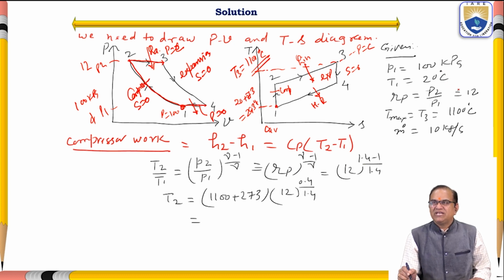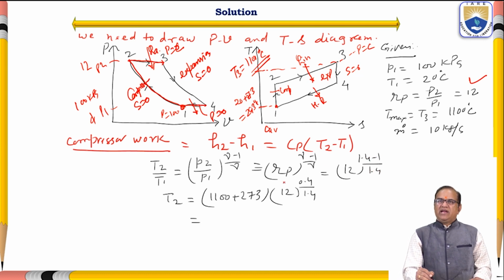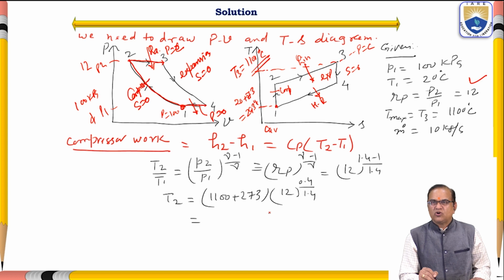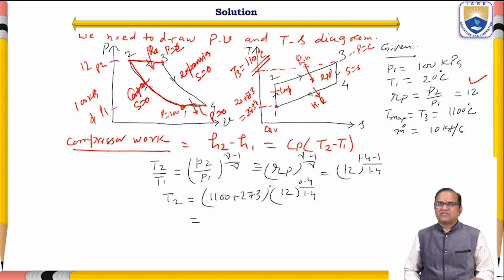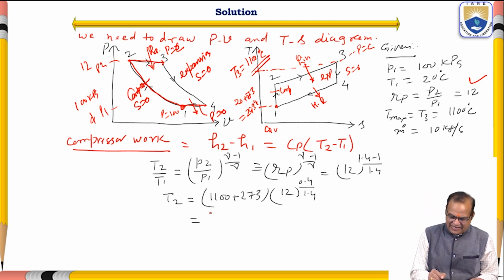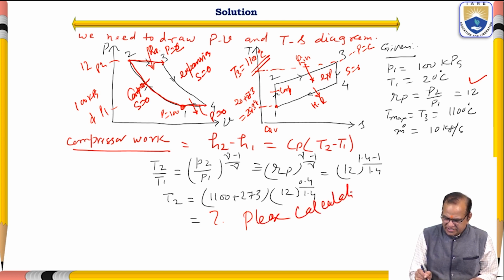Rp is given as 12 here, so 12 to the power (1.4 minus 1) by 1.4. So here the temperature is 1100 degrees centigrade plus 273, 12, 0.4. So you will get this T2. Please calculate this value.